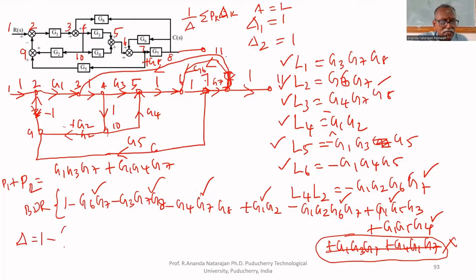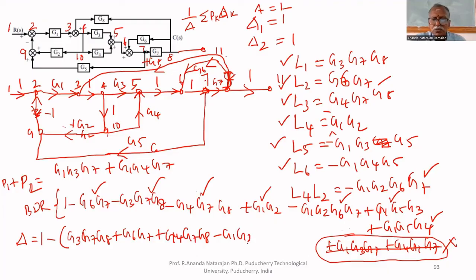to 1 minus L1. That is G3, G7, G8 plus G6, G7 plus G4, G7, G8 minus G1, G2 minus G1, G3, G5 minus G1, G4, G5.